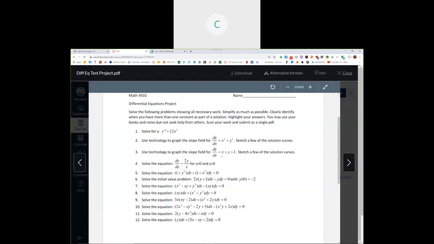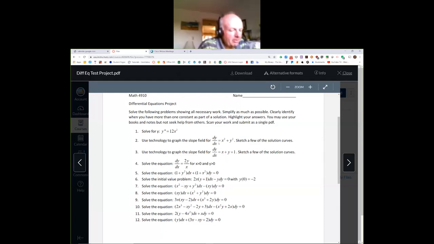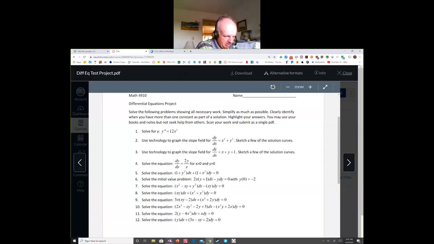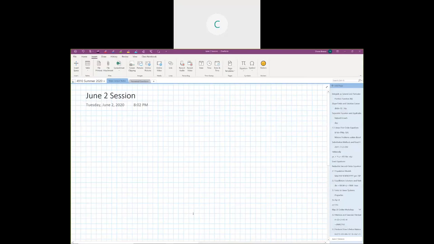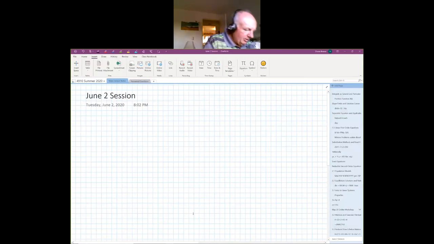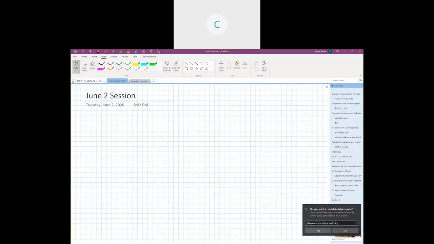The integrating factor is going to apply when you're dealing with a y prime or a dy dx together. Let me write this down. It's got to be in the form dy over dx plus p of x times y equals f of x.